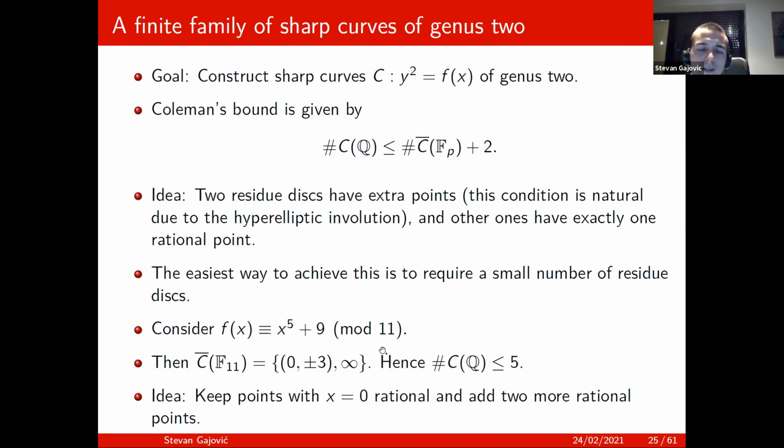The easiest way will be to keep points with x equals 0 rational. So we will change this polynomial, but it will stay the same modulo 11, and still the free coefficient will be a square. If it is not 9, then it will be some other square that is congruent to 9 modulo 11, and to add 2 more points inside these residue disks.